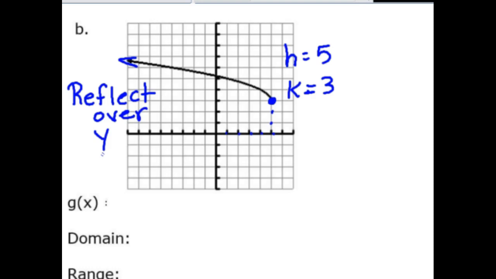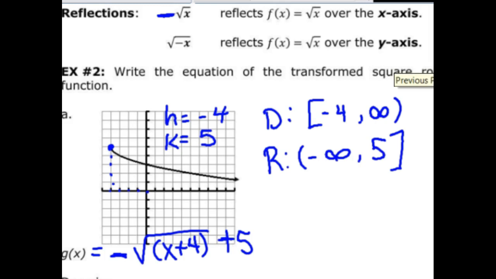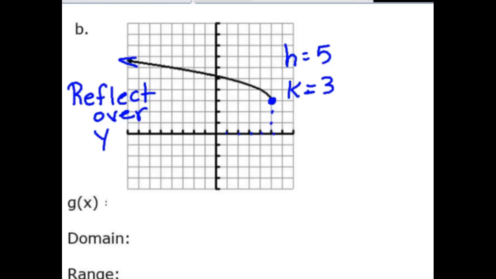It's going to have a negative sign in it, but where is the negative sign going to be? So this is going to be negative x minus 5 plus 3.